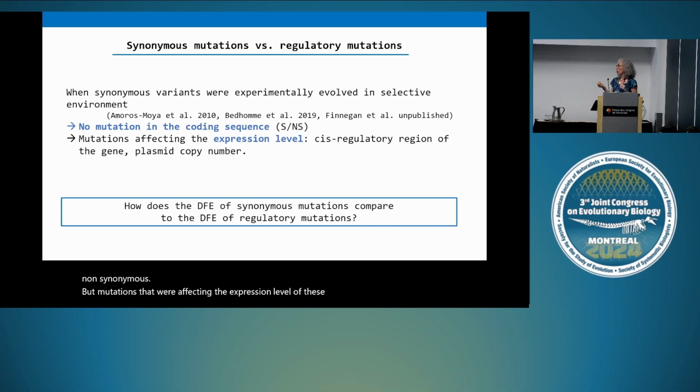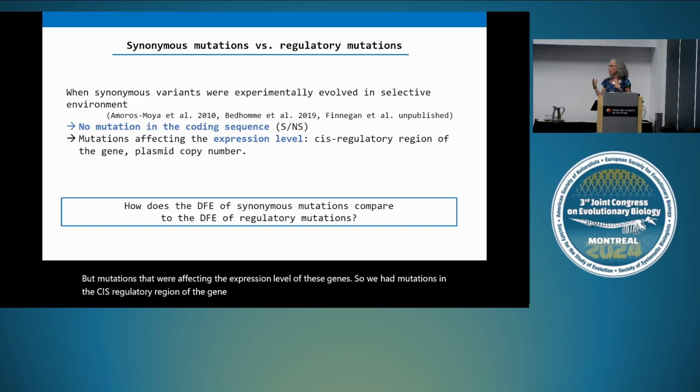So we had mutations in the cis-regulatory region of the gene, and more recently we also had very large variation in the plasmid copy number, because the gene was carried by a plasmid. This kind of triggered the idea that it's easier to adapt by regulatory mutation than by synonymous mutations. And so we were interested in comparing the distribution of fitness effect of synonymous mutations and regulatory mutations.